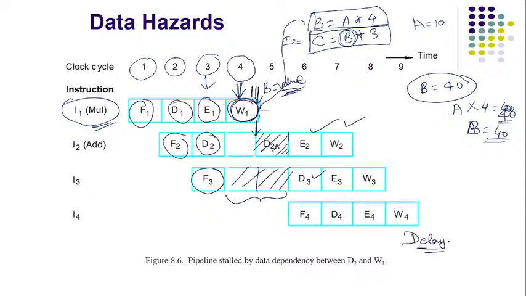Why? Because there was a dependency here. Suppose if it executes now, it has to take the old value of B. The new value of B we are getting at the end of clock cycle 4.